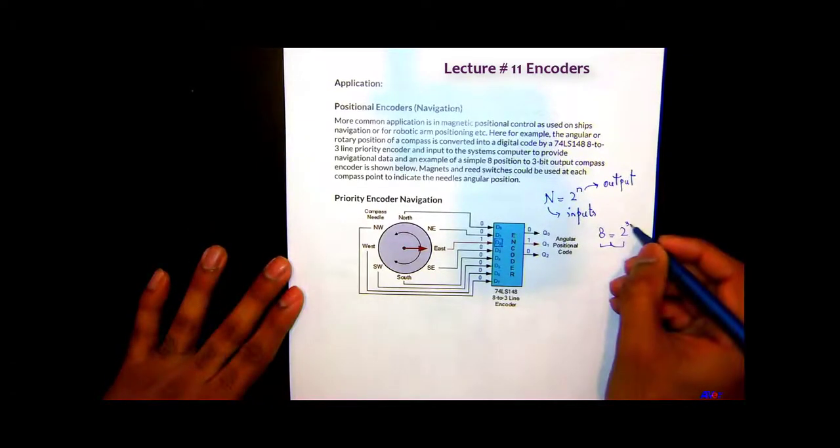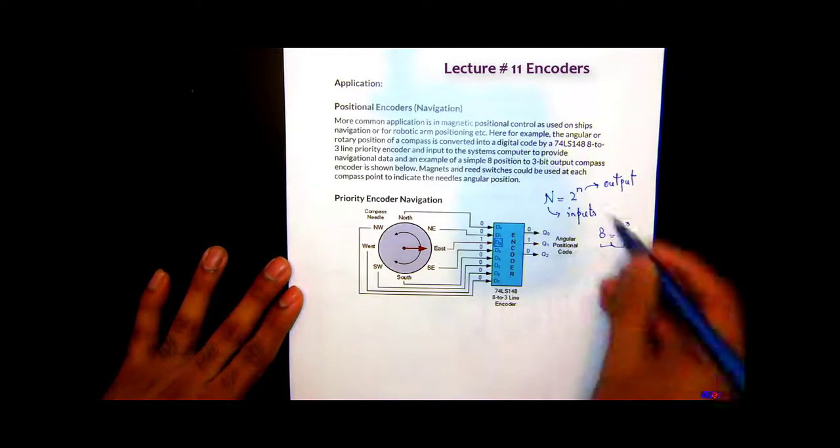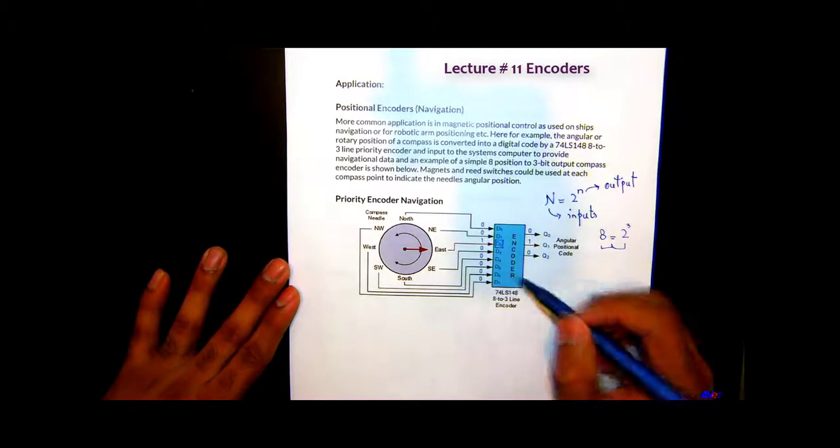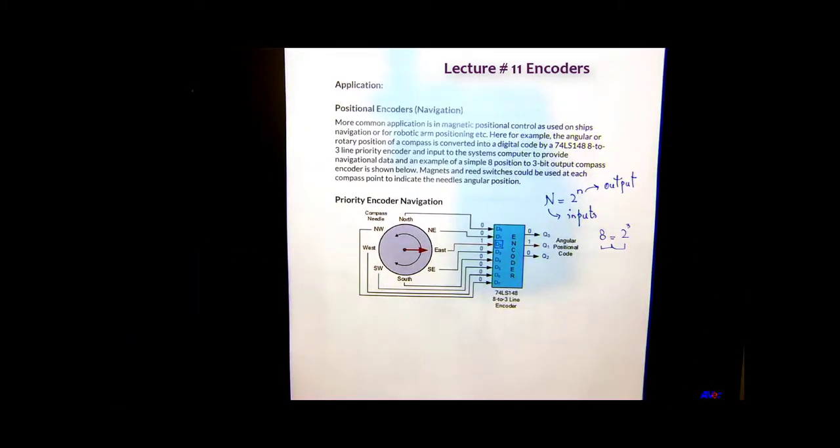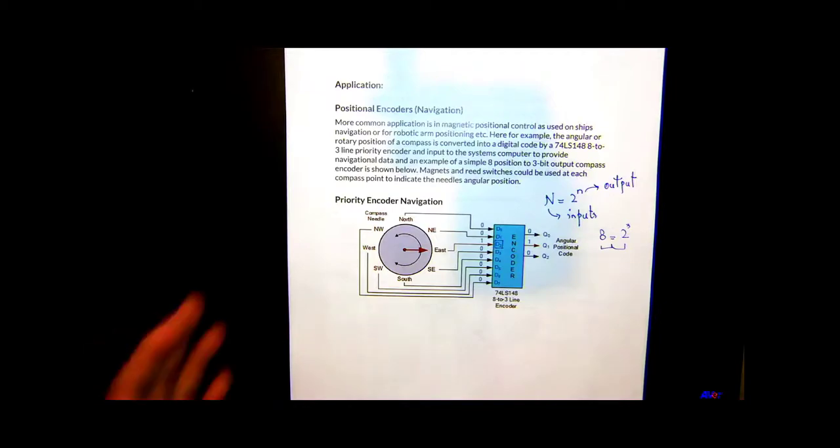So we have 3 outputs, and we have 8 inputs going in. This is also useful in a way that you basically have 8-bit data, but you have encoded it into 3-bit data, basically having 8 wires to 3 wires, so you are shrinking the size of your digital system or device, whatever you're working on. It's easy to deal with 3 wires versus 8. So this is what encoders do.